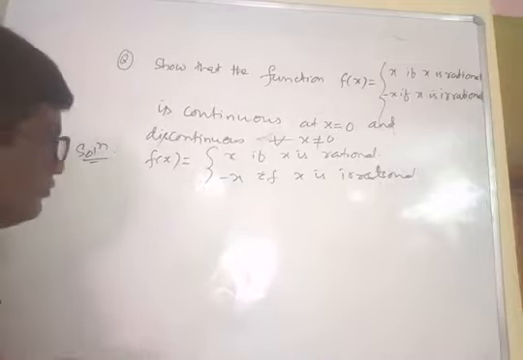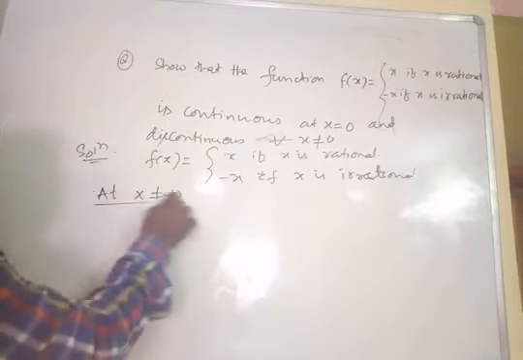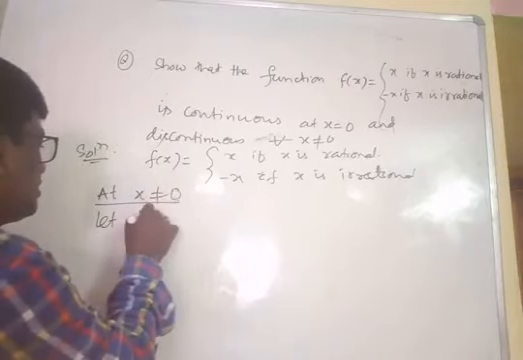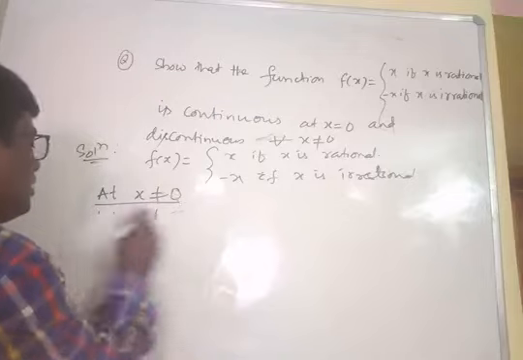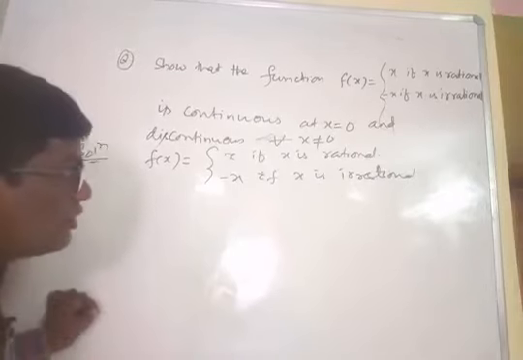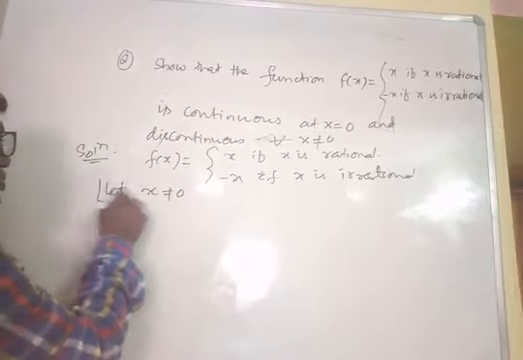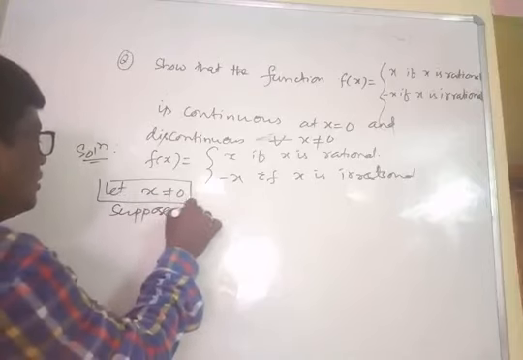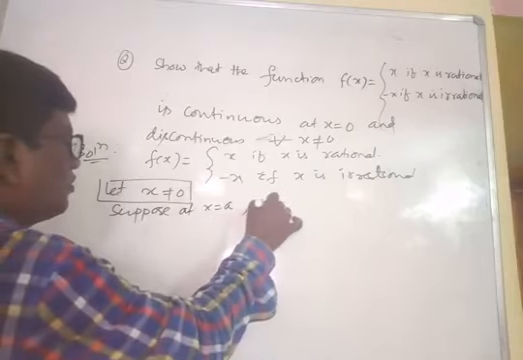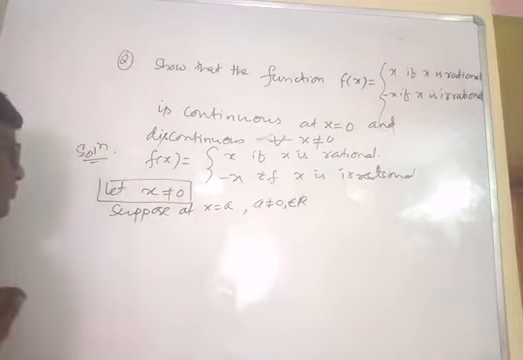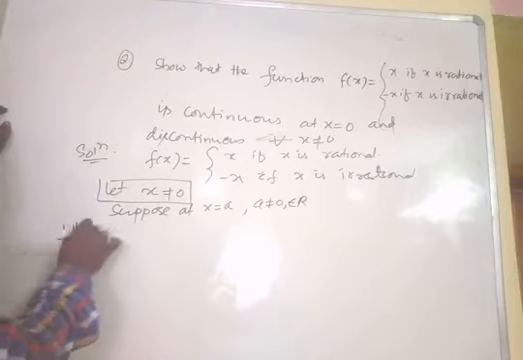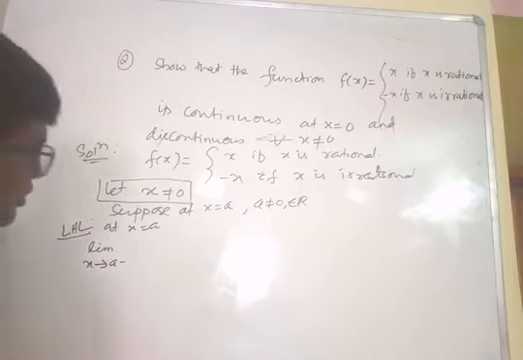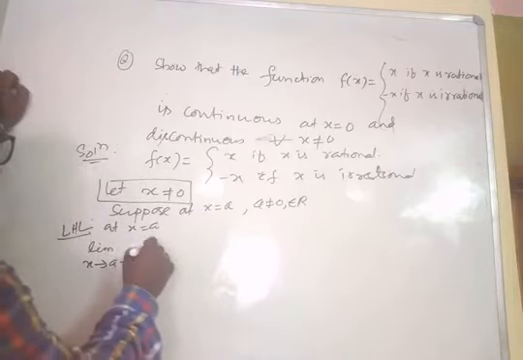Suppose x equal to a, where a not equal to 0 belongs to R. Now LHL at x equal to a is limit x tends to a minus of f of x.